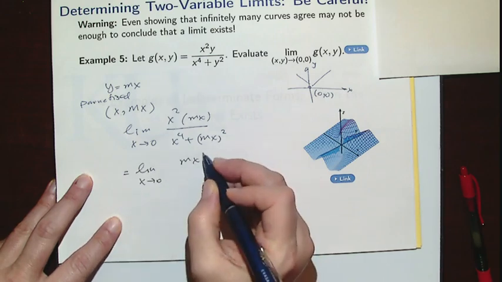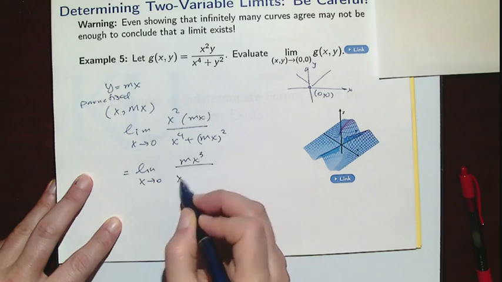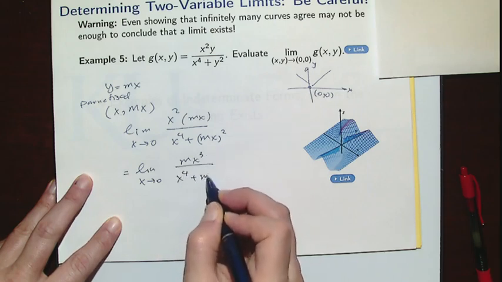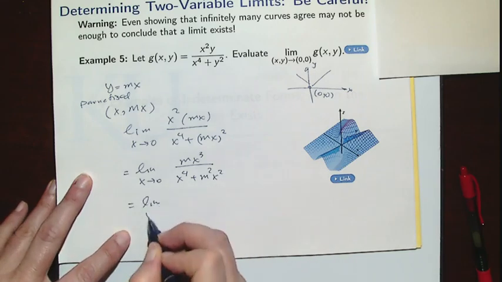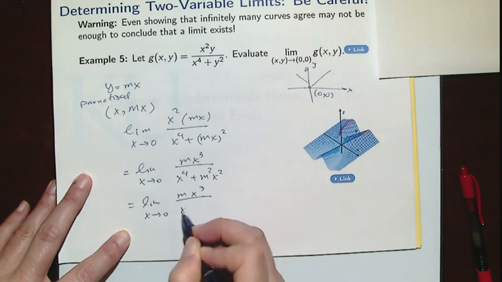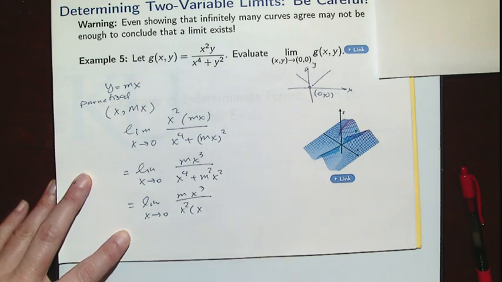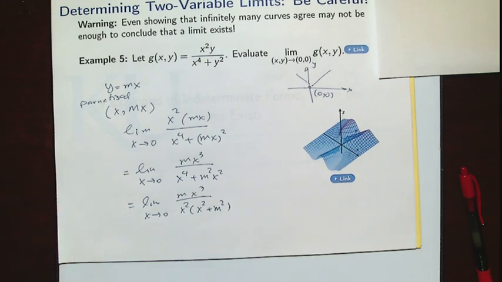The numerator is mx to the 3, and the denominator is x to the 4th plus m squared x squared. So the limit as x goes to 0 is mx to the 3 over x squared times x squared plus m squared. Agreed on this? Everybody agrees on this?